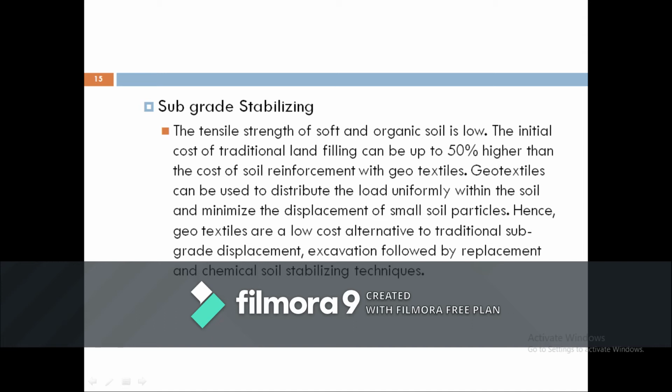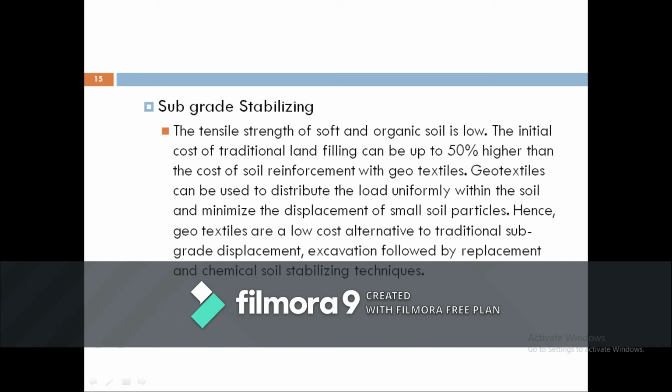So here, see, it is going to displace your other methods. What are the other methods? When we take geotextiles, it is a low cost alternative when compared to traditional subgrade displacement, excavation, and then again going for replacement, and then going for some chemical soil stabilizing methods.